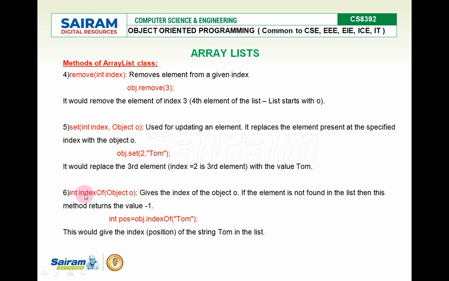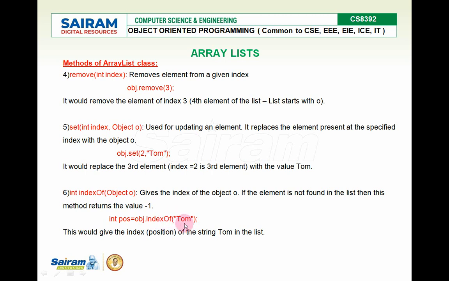Next is int indexOf(Object). What is this indexOf? If you are giving some object inside the parenthesis, for example Tom over here, so obj.indexOf returns an integer type. Note that the O in indexOf is capital.